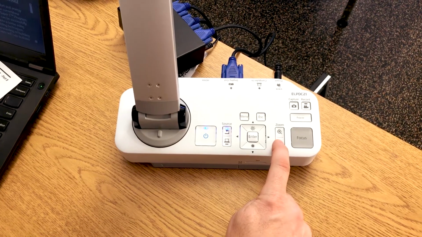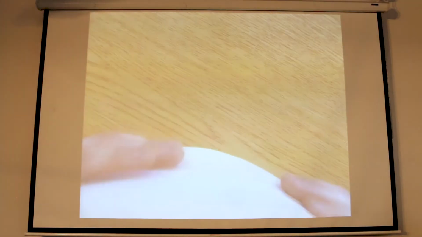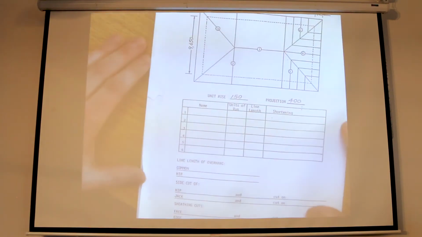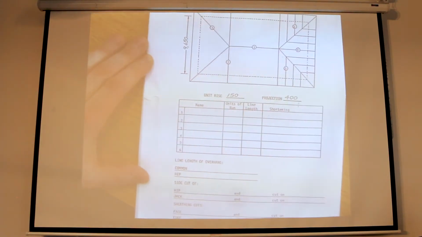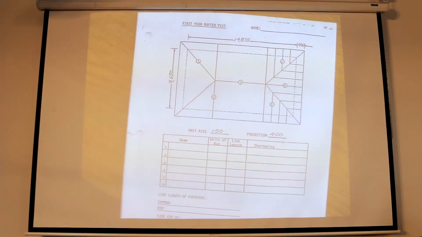The other really cool thing that I find is the ability to zoom in and out. Back to this previous worksheet that I had here, you'll notice that I have this rafter worksheet here. And the rafter worksheet right now is zoomed right out, and I can show the whole worksheet.